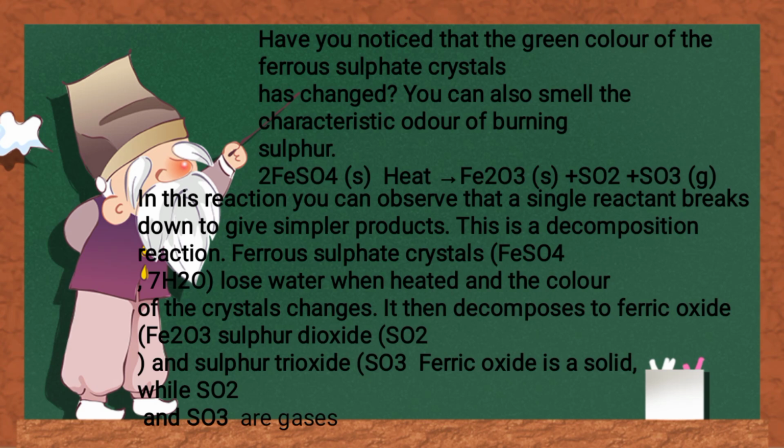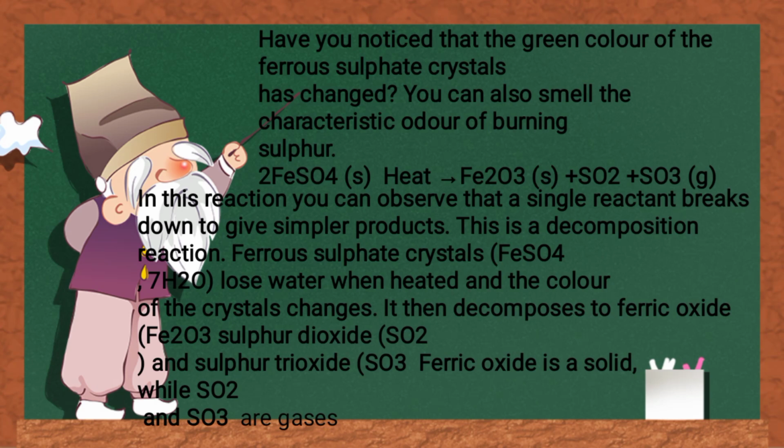In this reaction, you can see that a single reactant breaks down to give simpler products. There we saw two or more reactants giving rise to one single product. Here one single reactant will break to form many products. This is a decomposition reaction.